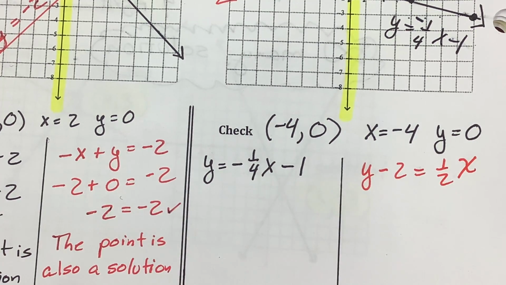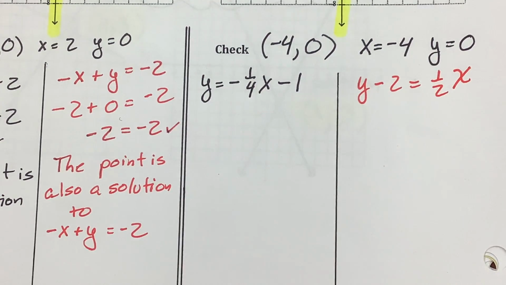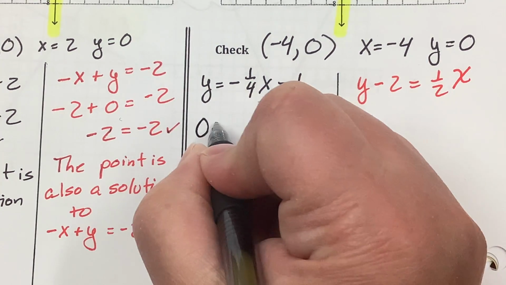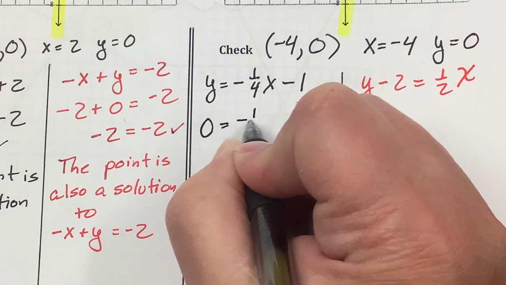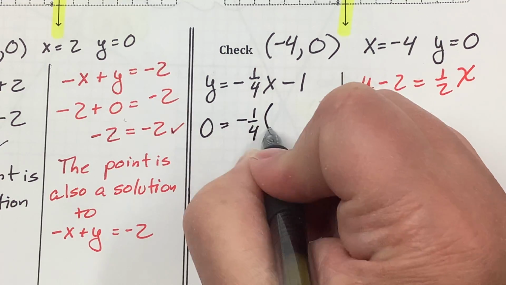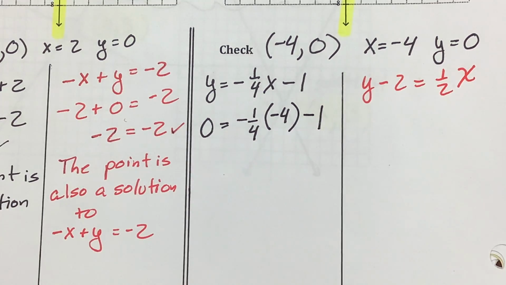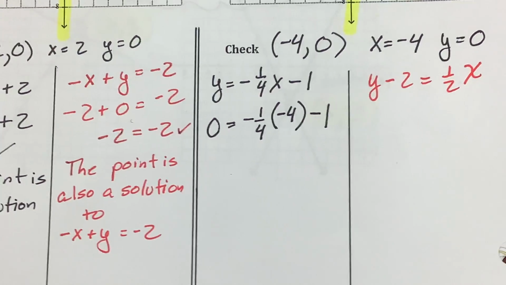I'm going to fill in the numbers for both of those. So y is 0, so I start with 0 equals -1/4 times -4 minus 1. Oh dear, I might want to grab a calculator for that, because I'm a little lazy when it comes to fractions. I think we all know that.